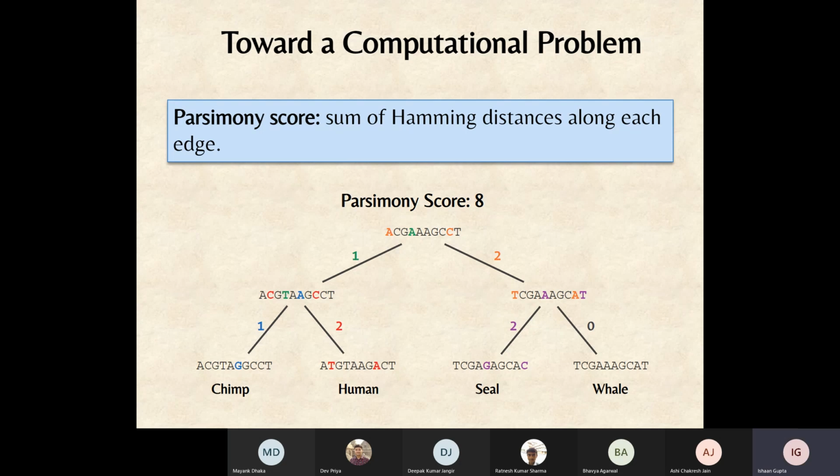Because this is an actual organism, it has to be either a C or an A. Do you understand, Bhavya? Yes, sir. So it actually has to be one of the letters. It cannot be the consensus sequence. Consensus can only be when you have multiple sequences that are aligned.